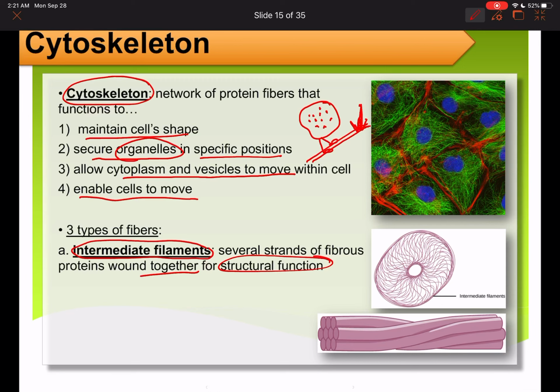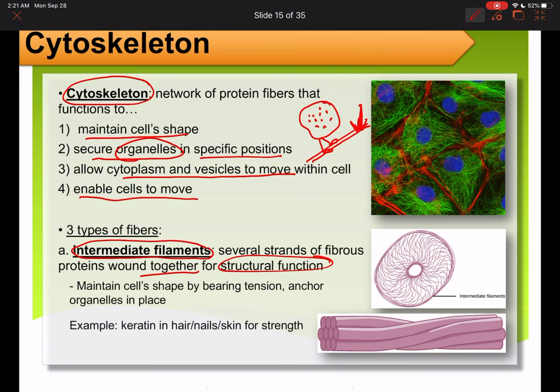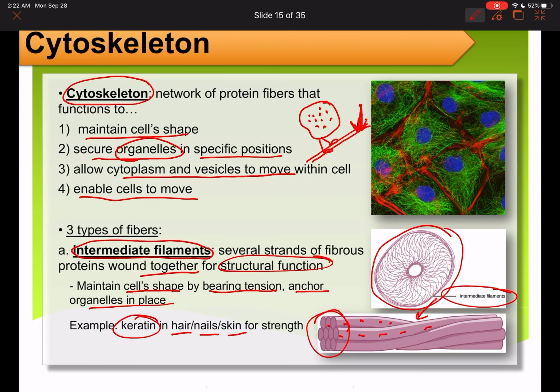It's just for structural integrity. Their main function is to maintain the cell shape by bearing tension and anchoring the organelles in place. An example of intermediate filaments in the hair, nails, or skin cells is keratin. If we magnify these intermediate filaments, they look like bundles of different keratin fibers bundled together to keep the basic structure of the cell together.